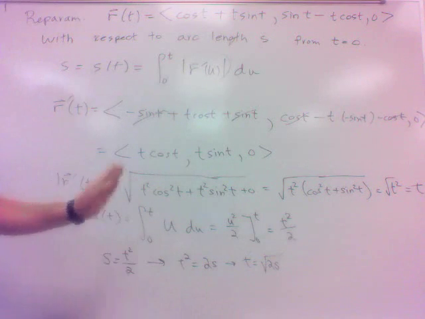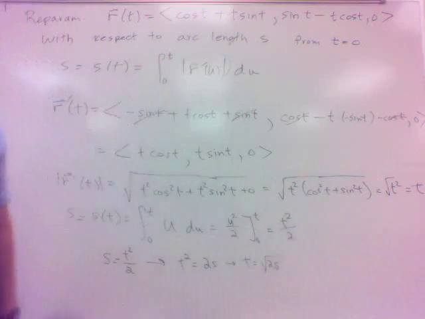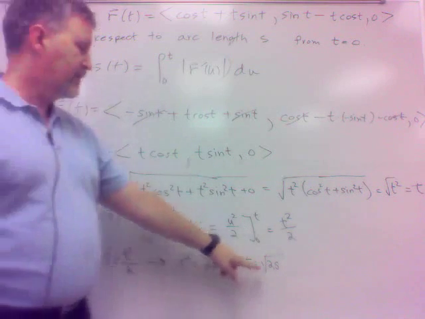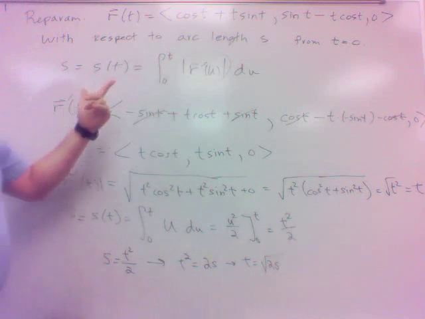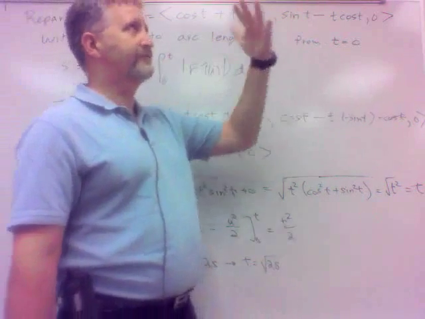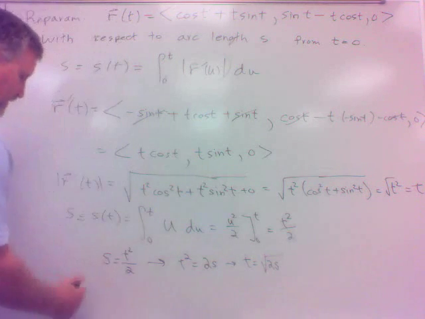Since we're going from t equals 0, implying increasing, they'll want the positive square root.